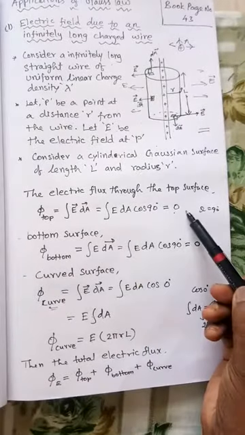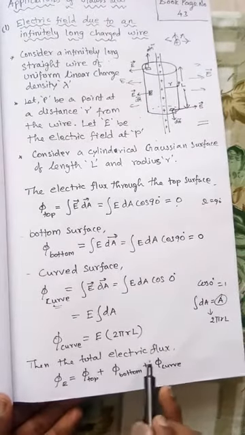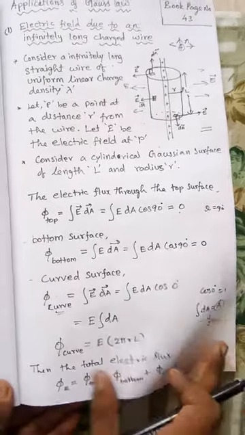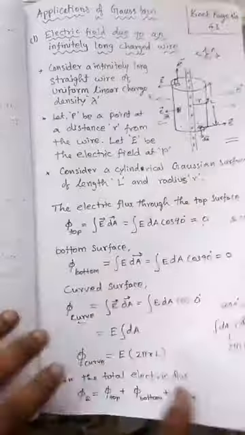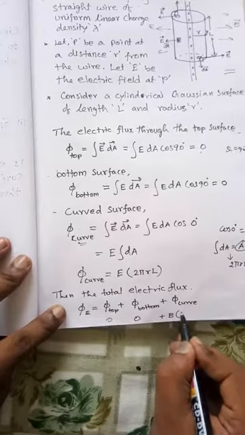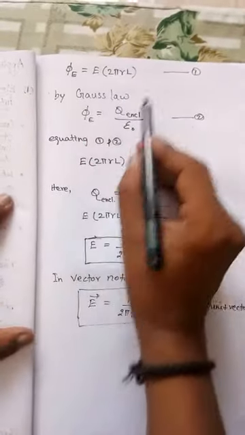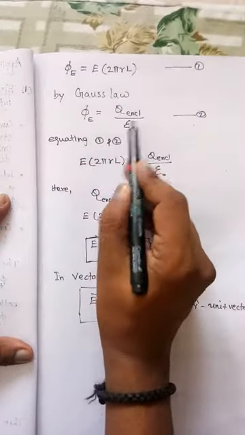Now top is 0, bottom is 0, curved surface is E into 2 pi r L. Adding all the values, total electric flux phi E is phi top plus phi bottom plus phi curved. The first two are 0, so only E into 2 pi r L remains. So phi E is equal to E into 2 pi r L; call this equation 2. Now take equation 1, the Gauss law formula: phi E is equal to Q enclosed by epsilon naught.